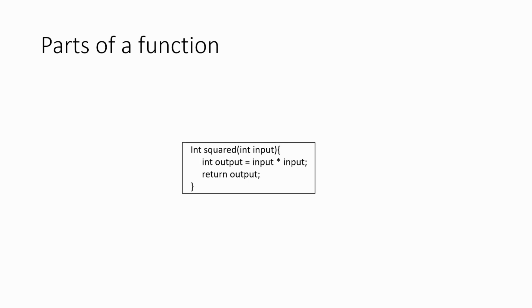So what are the different parts of a function? Well, this right here in this box, this is a function. This is a function that takes in a value and returns the square of that value by multiplying it by itself. Just for some definition, you remember in data types we talked about different types. This is what the return type of this particular function would be.